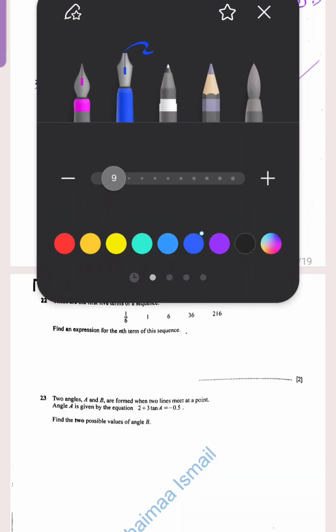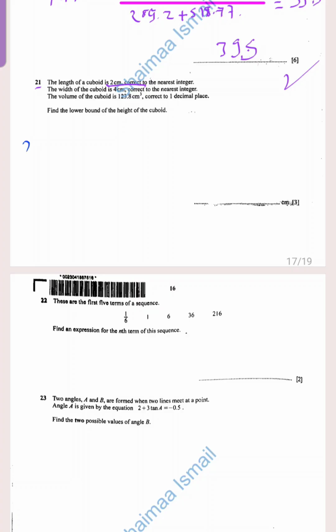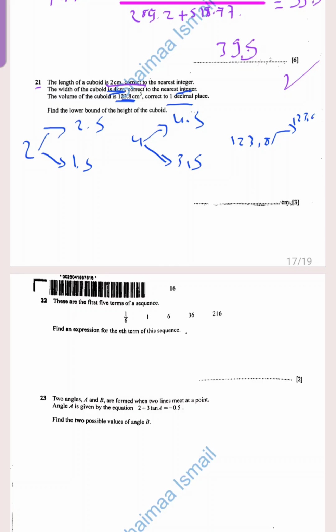When he says correct, so that is upper lower bound, so the 2 centimeter correct to nearest integer, so the higher here would be 2.5, the lower would be 1.5, and the 4 centimeter also correct to integers, so 4.5, 3.5, plus minus 0.5, and here the volume 123.8 is corrected to 1 dp, so this will be 123.85 as an upper bound, and the lower bound will be 123.75, and this will be the lower bound.